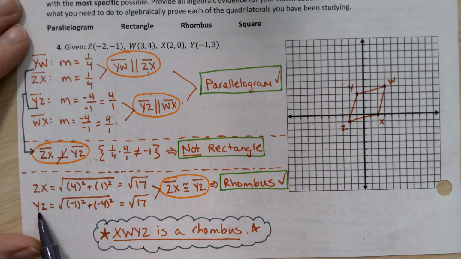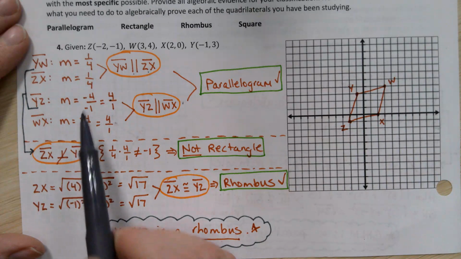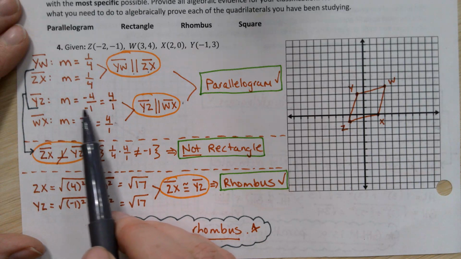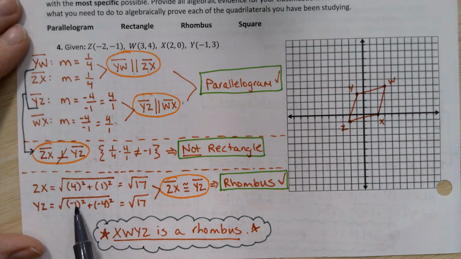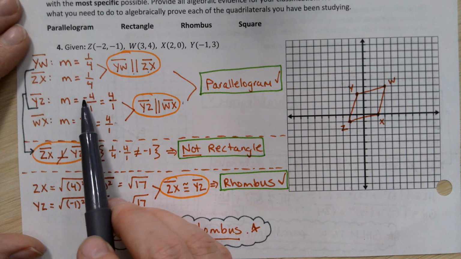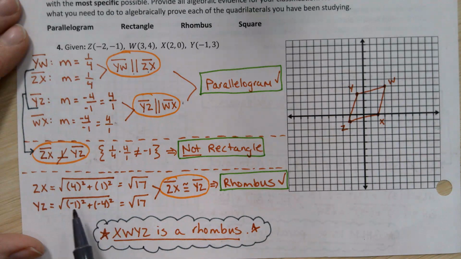And when we repeat that process for segment YZ, it gives us the exact same values. Our unreduced slope has the difference in the x's as -1 and the difference in the y's as -4. But a negative squared is still a positive, so we still get positive square root of 17, which means that segment ZX is congruent to segment YZ, and we do then have evidence that this shape is a rhombus.